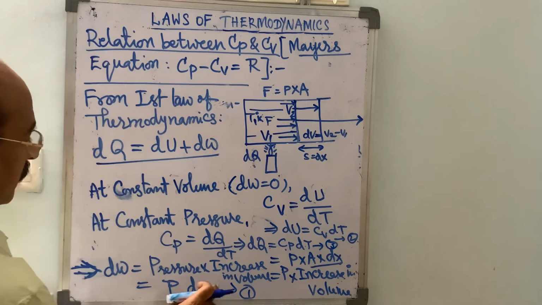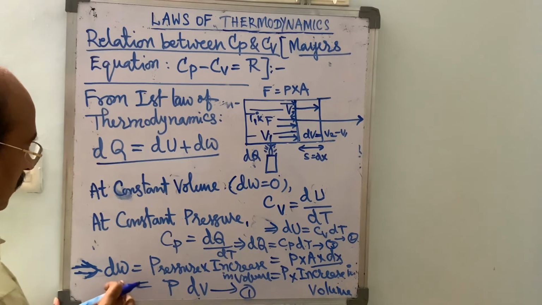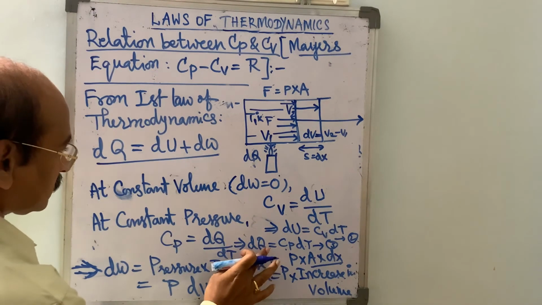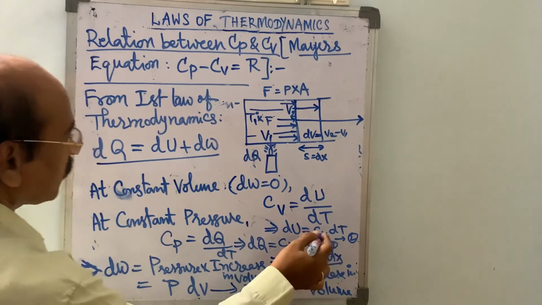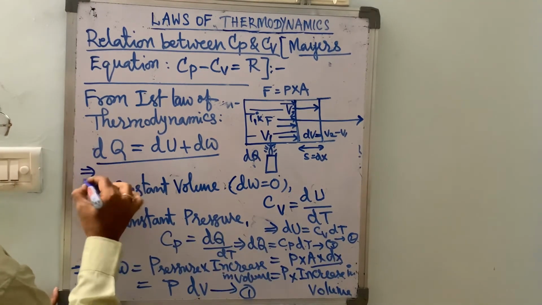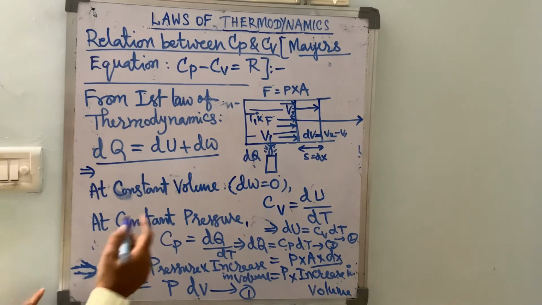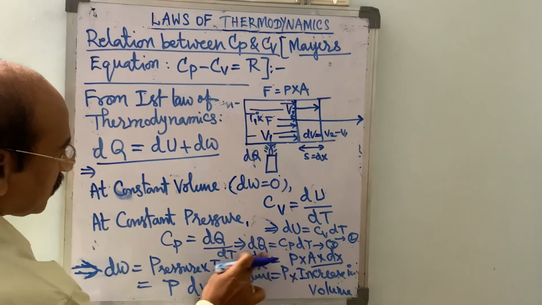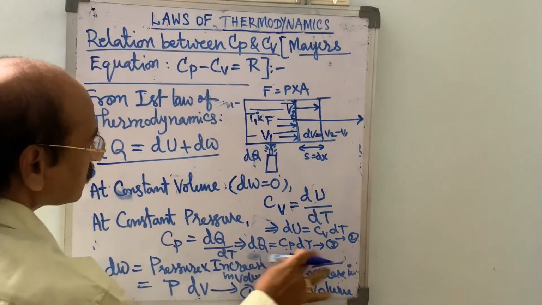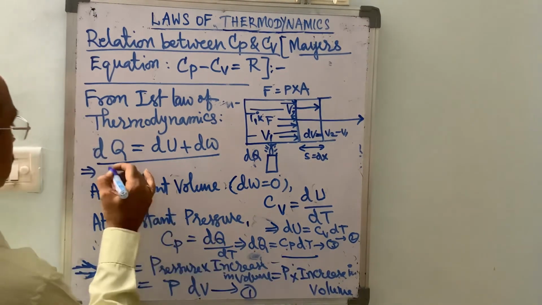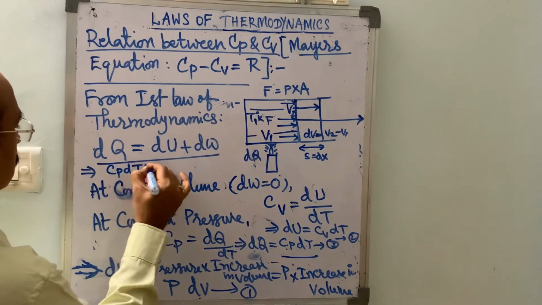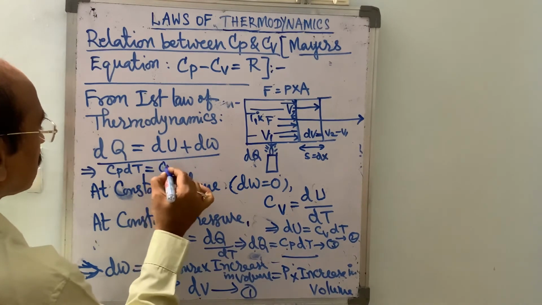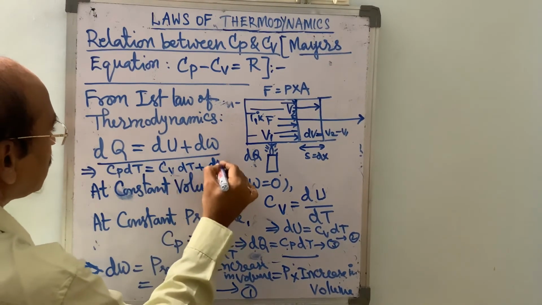By substituting the values of dW, dQ and dU from equations 1 to 3, we get dQ is equal to Cp dT, and dU is equal to Cv dT plus dW.